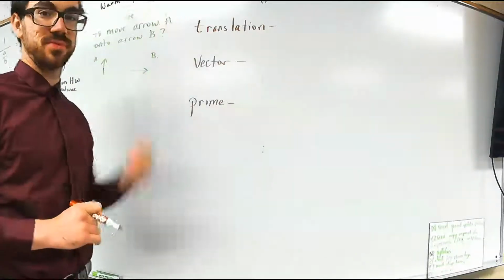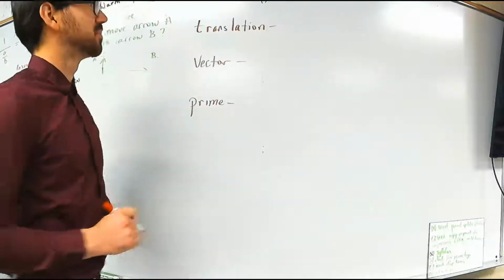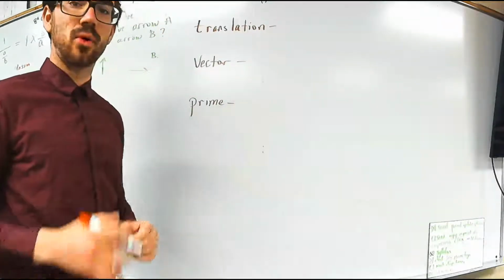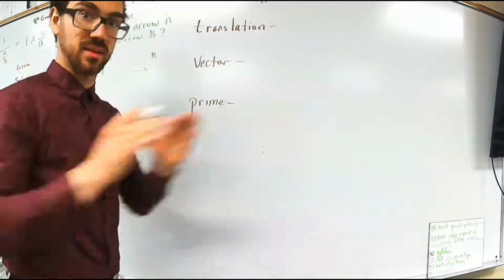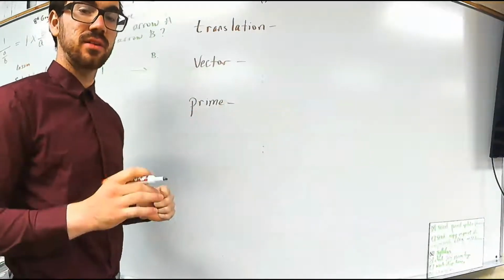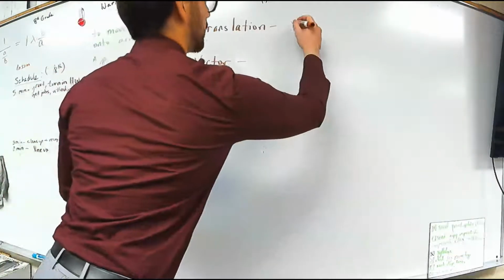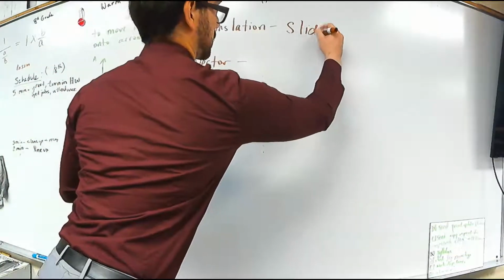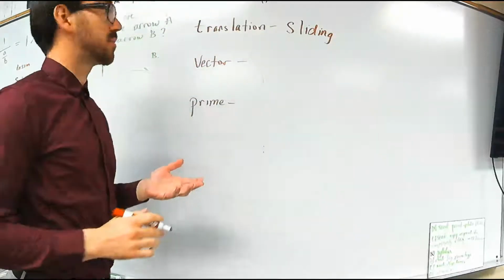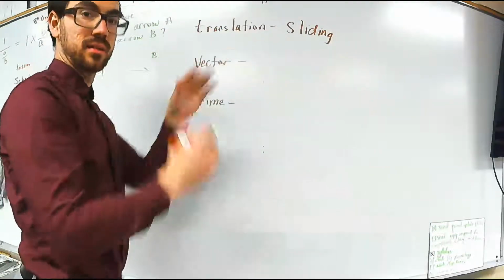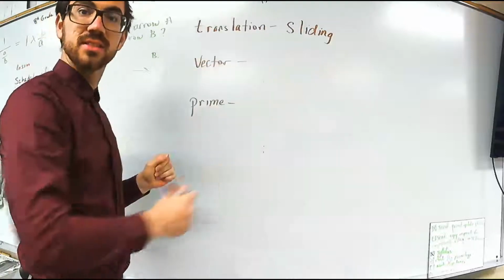So translation. Translation means movement from point A to point B. You can think of it as sliding. Okay, specifically, we're talking about movement of sliding. This is easiest when thought about on a plane, right? Like an XY axis plane.